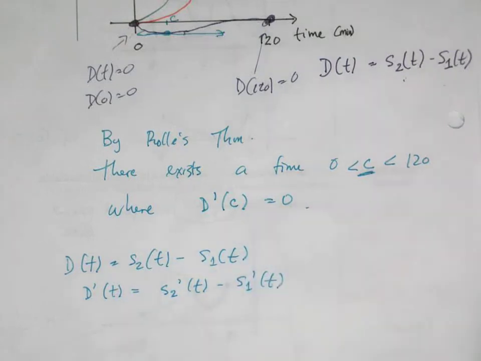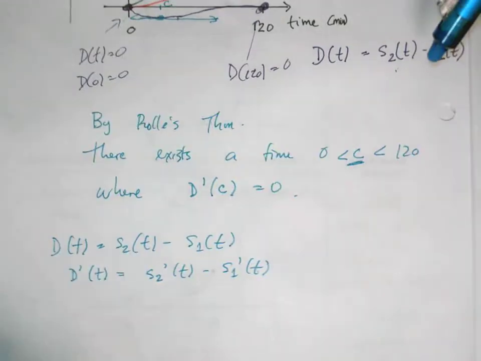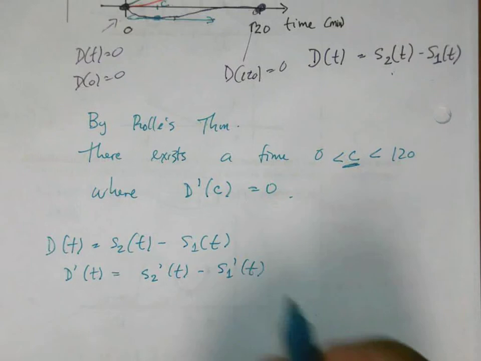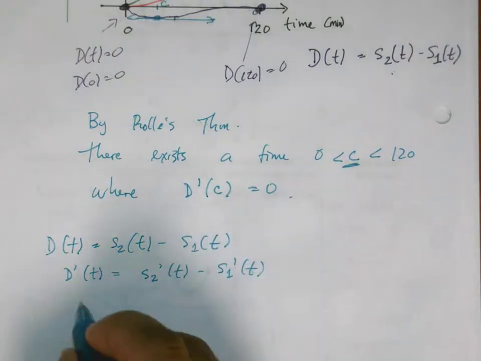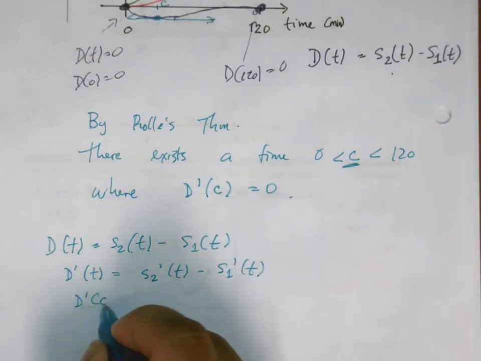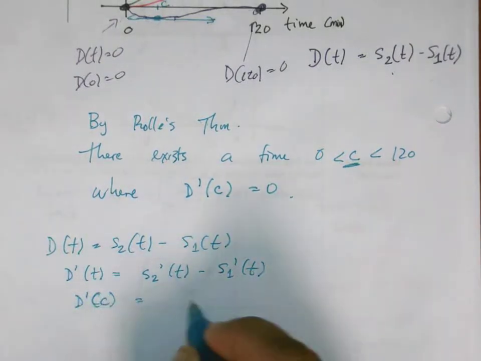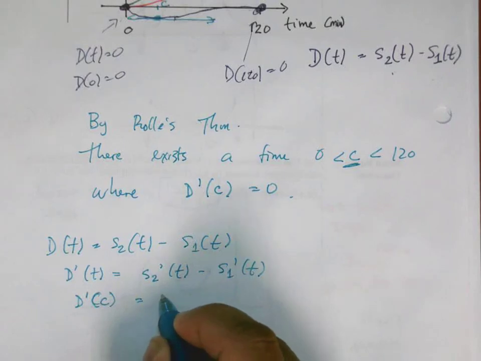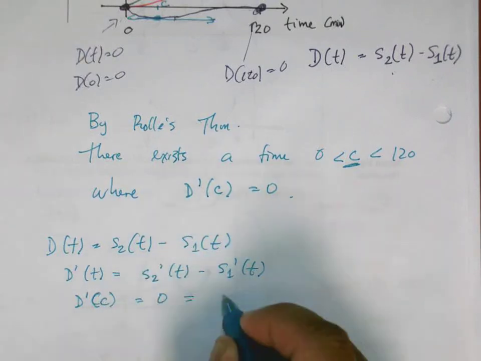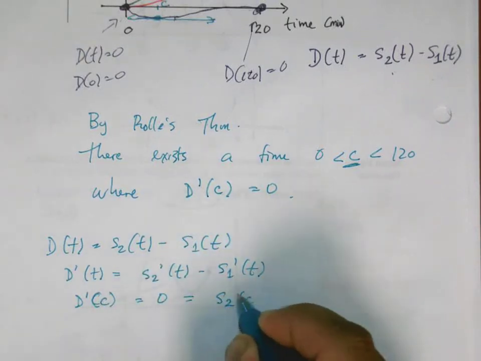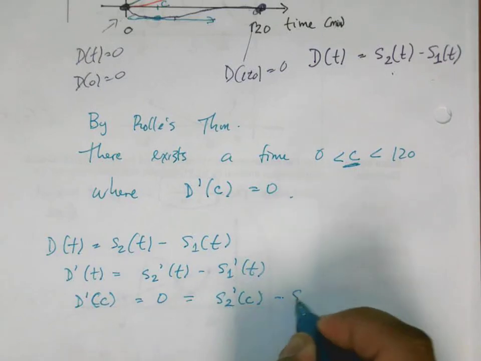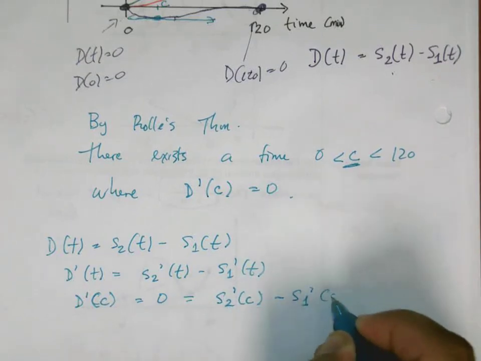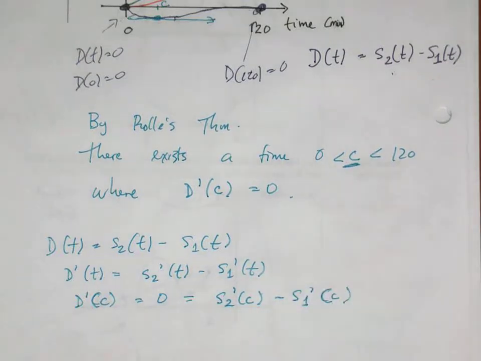Okay, but we do know that d prime of c is equal to 0. Okay. But that's equal to s2 prime of c minus s1 prime of c. All right. Get my parentheses and my C's here correctly.